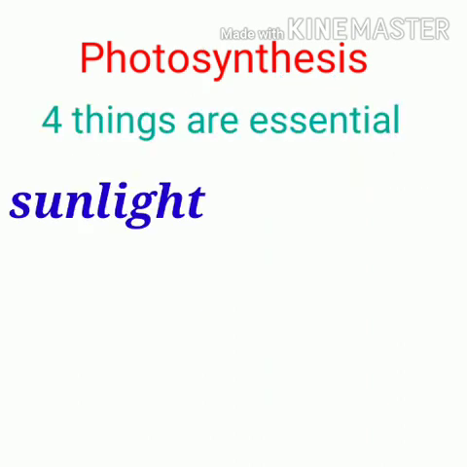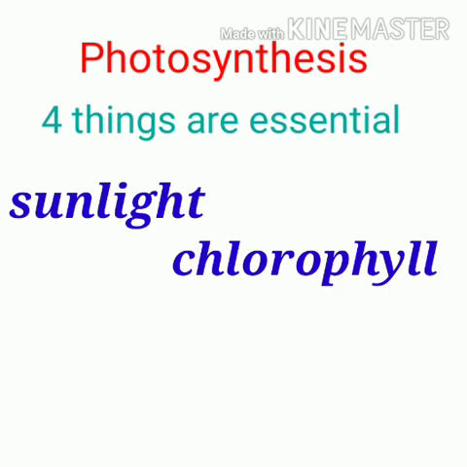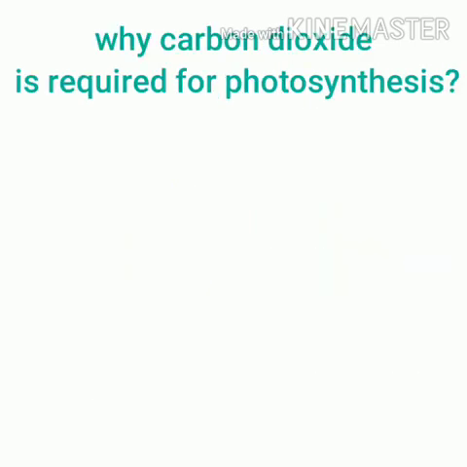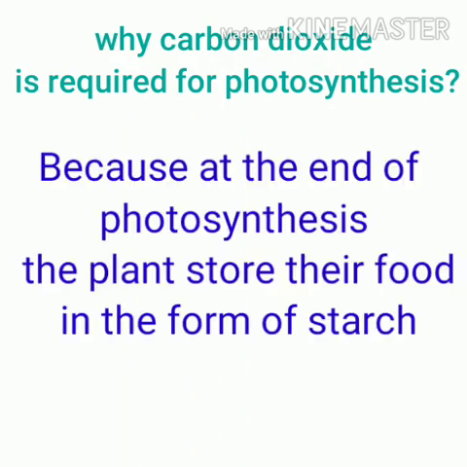So four things are essential for performing photosynthesis: sunlight, chlorophyll, water, and carbon dioxide. I always ask my students why we need carbon dioxide for performing photosynthesis. We could take oxygen also, no? Why do they need only carbon dioxide? Because at the end of photosynthesis, the plants store their food in the form of starch.